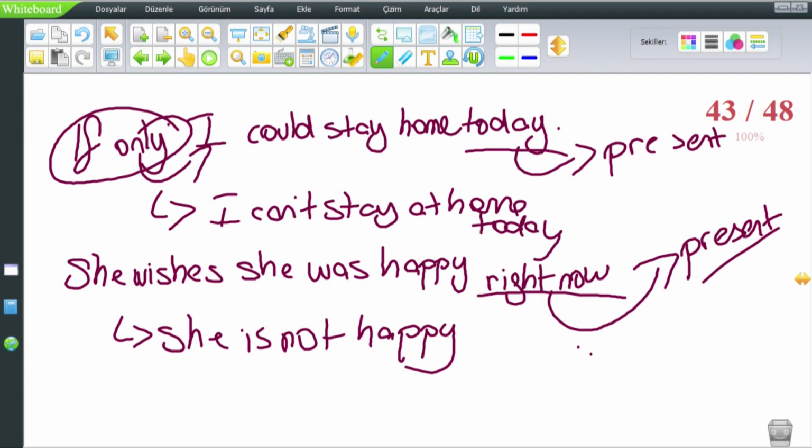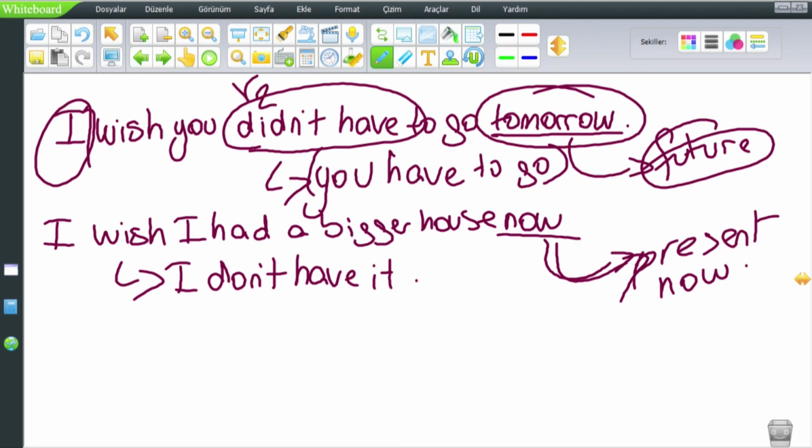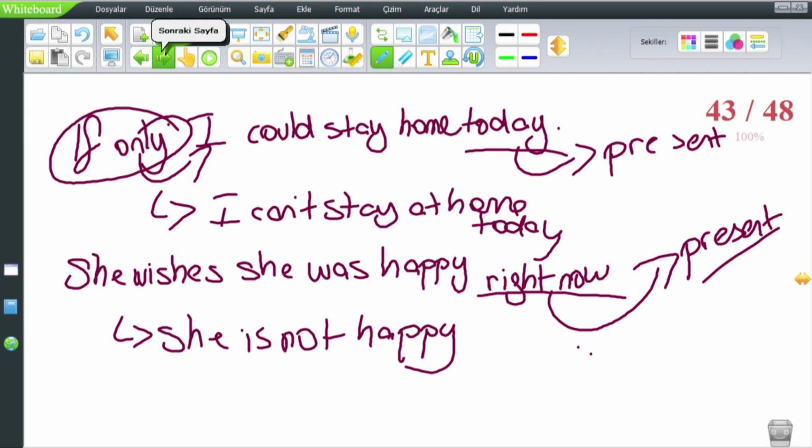And when we use if only, it gives the same meaning. For example, I wish or if only I could stay at home today. It's a wish for present, but it means that I can't stay at home today.